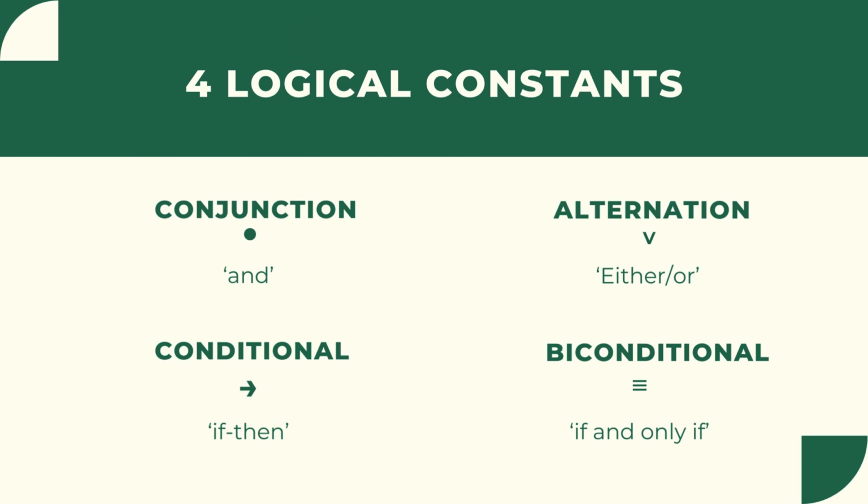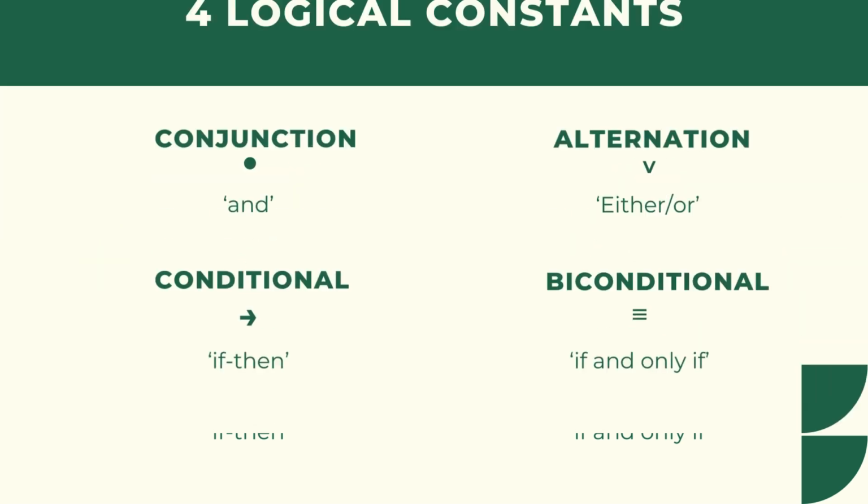We have four logical constants that we conventionally use to represent statements. Technically, a conjunction is denoted by the word and, an inverted V, or sometimes a dot.